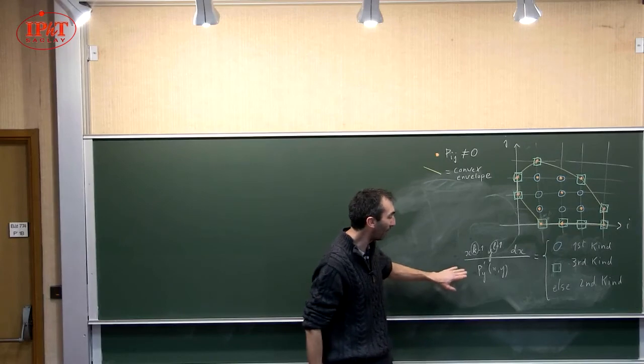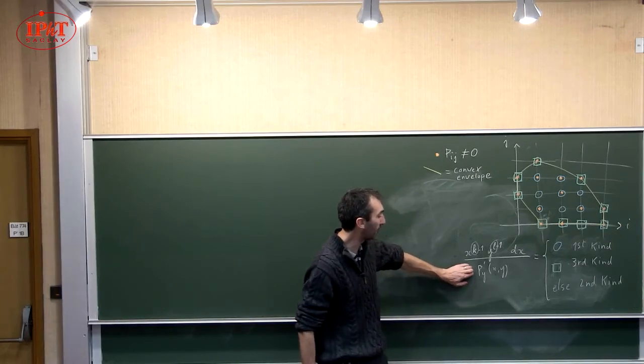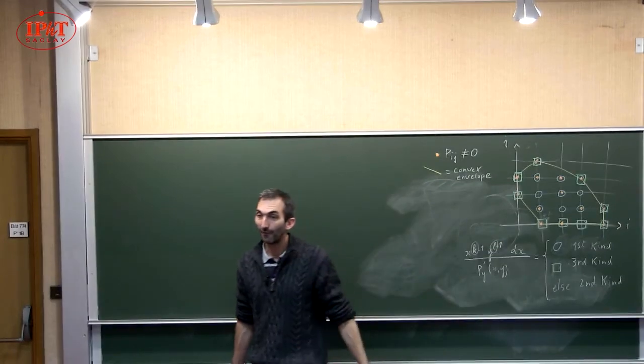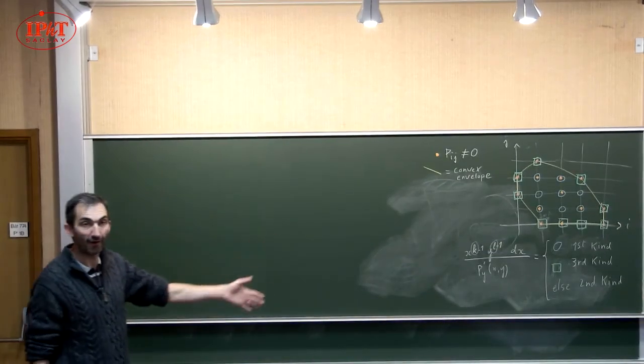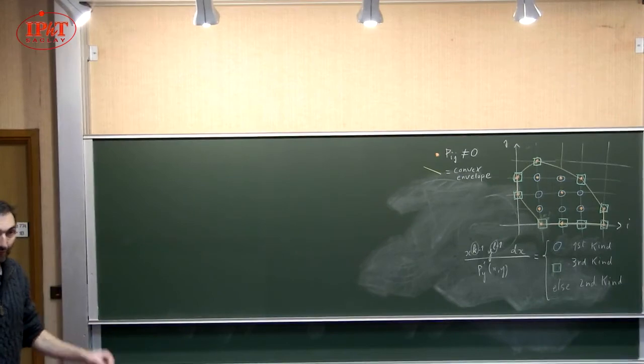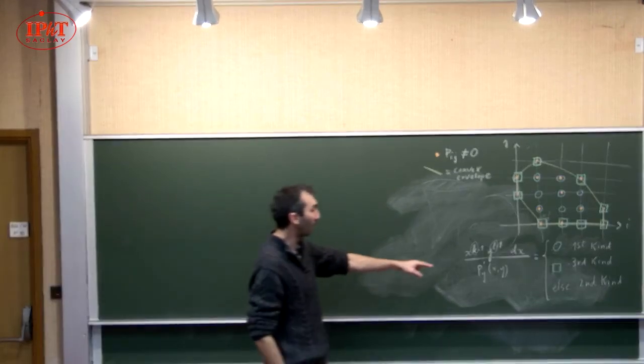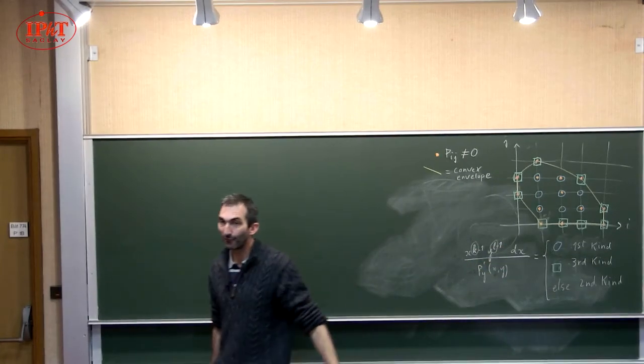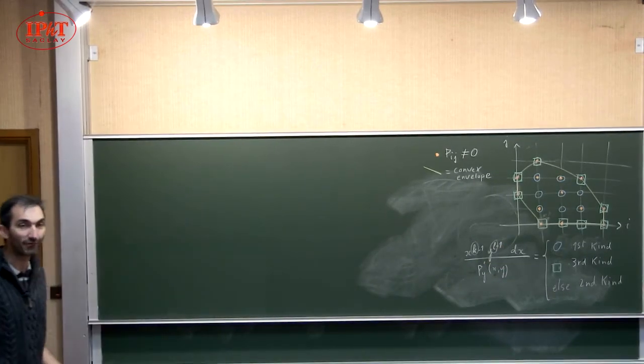So if there are no nodal points, all the zeros of p prime y of xy are exactly zeros of dx. So the ratio has no poles there at the branch points. But if there are nodal points, there can be zeros of the denominator that are not compensated by zeros of the numerator. So it's a less generic situation.